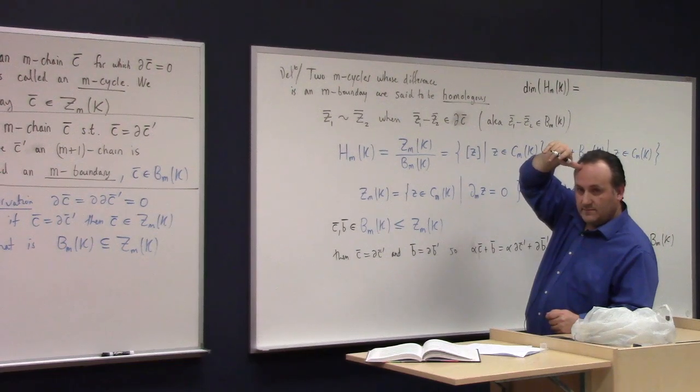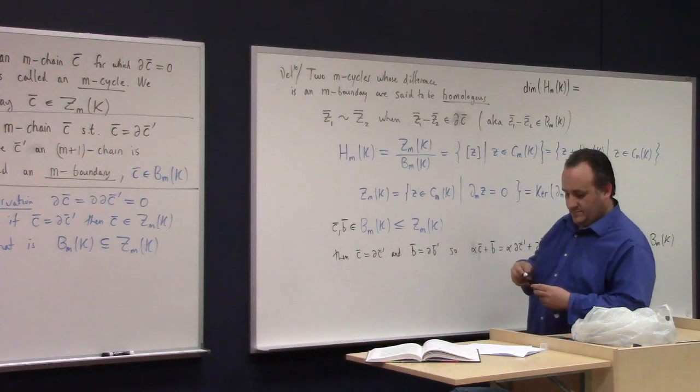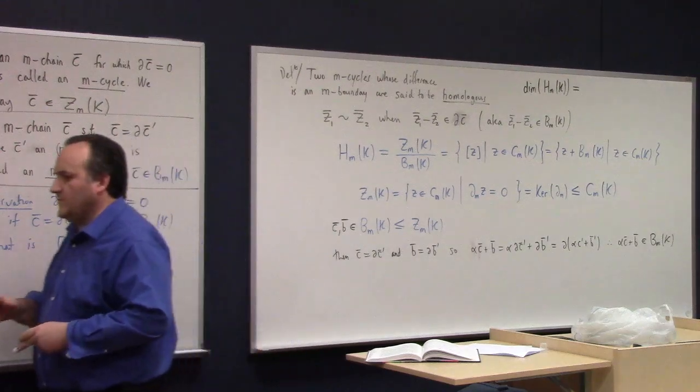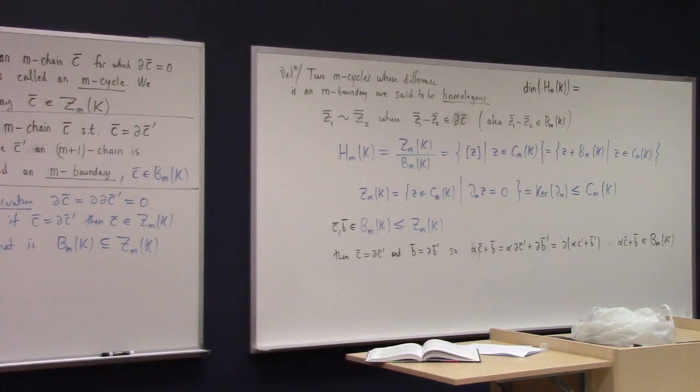Is it some factor of the dimension of? So have you guys never looked at quotient vector spaces before? No. Oh man, dang it. All right, short detour. If it's a group, I'd imagine the cardinality is relevant.